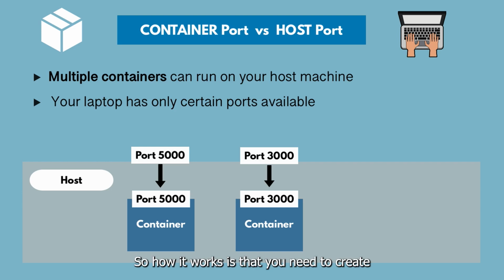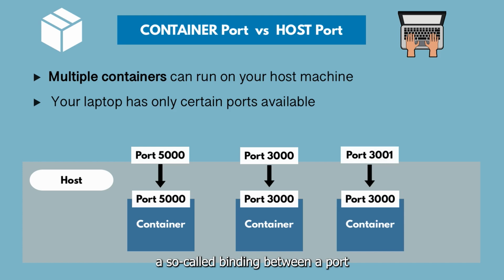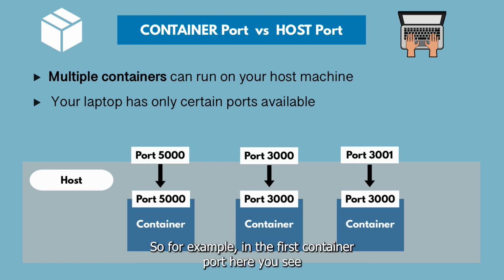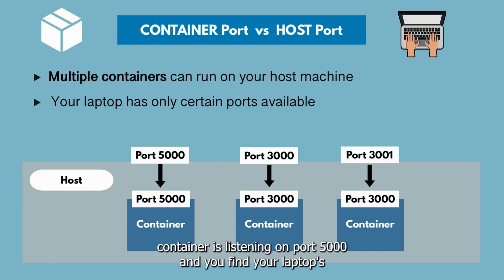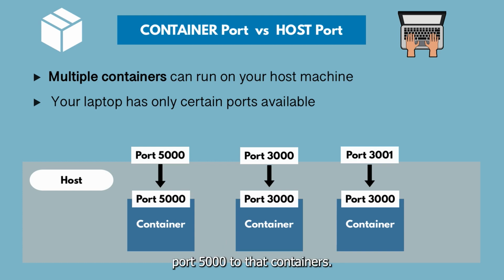So how it works is that you need to create a so-called binding between a port that your laptop, your host machine has, and the container. So for example, in the first container part here, you see the container is listening on port 5000 and you bind your laptop's port 5000 to that container's.